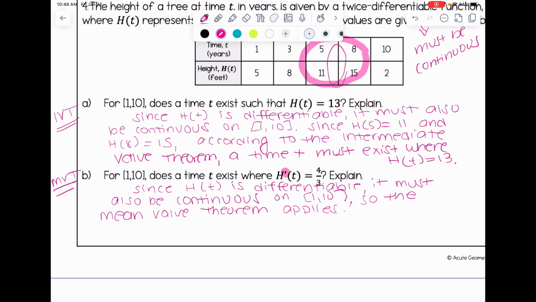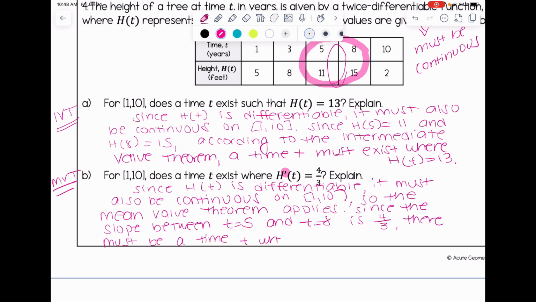That's our average rate of change, right? The slope is average rate of change. So I'm going to say since the slope between t equals 5 and t equals 8 is 4 over 3, there must be a time t where h prime of t also equals 4/3.